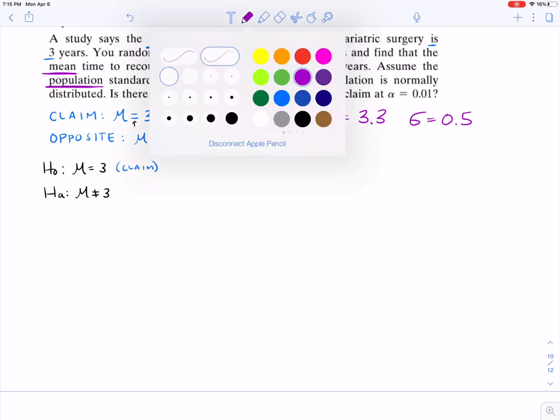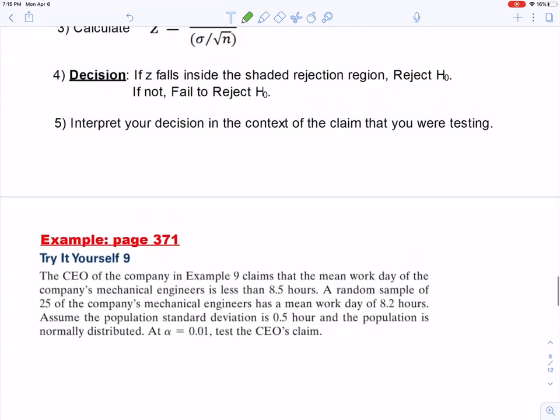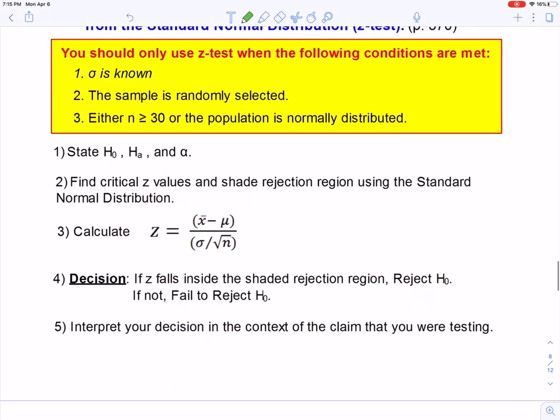And just like with the confidence intervals, that is what you use to make a choice of whether you should use Z or T. When I see that I know the value of sigma, that tells me this is going to be done using Z, the standard normal distribution. And I can verify that if I go back and check the other conditions as well. So sigma is known. We do have a randomly selected sample.